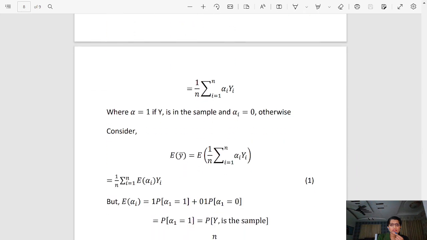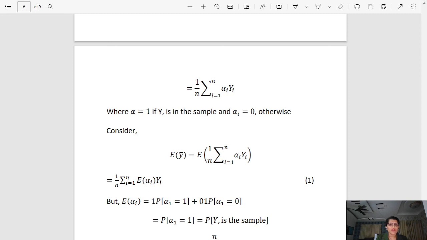With this simplification we get the expected value of y bar is equal to E of 1 upon n summation of alpha i yi, and with simplification we get 1 upon n summation expected value of alpha i yi. But what is the calculation of the expected value of alpha i?